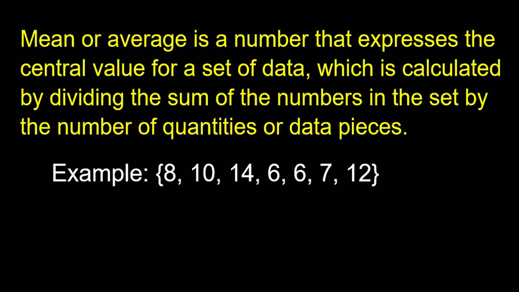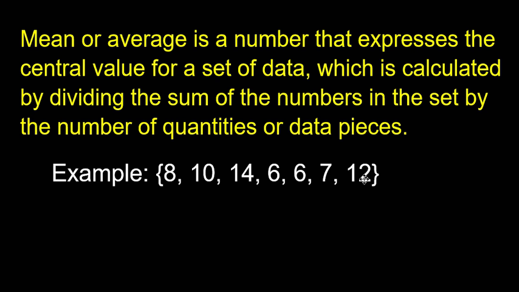The mean or average is a number that expresses the central value for a set of data. It is calculated by dividing the sum of the numbers in the set by the number of quantities or data pieces. So we have an example right here.